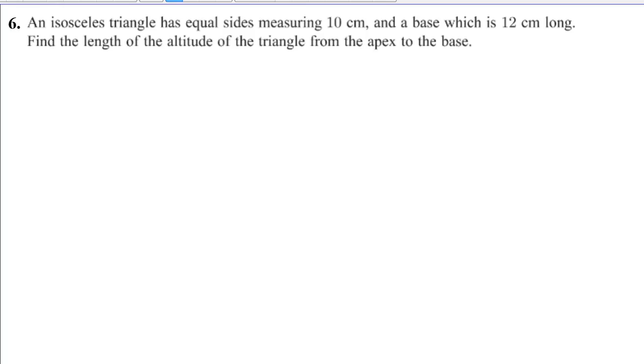Number 6, an isosceles triangle has equal sides measuring 10 centimeters and a base which is 12 centimeters long. Find the length of the altitude of the triangle from the apex.